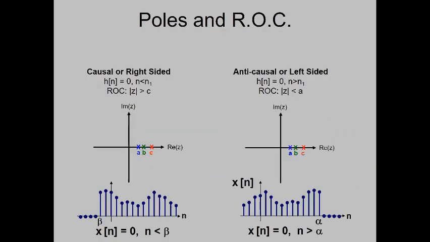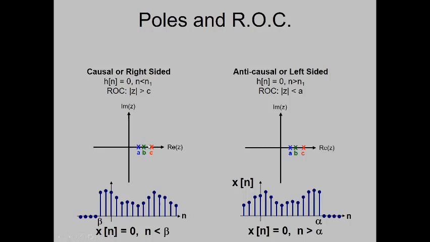So back in the beginning, we drew some rules about the region of convergence, in which direction it went, whether we had a right-sided or left-sided or two-sided sequence, if you recall. For causal or right-sided sequences, we said the region of convergence was some ring from some inner radius outward.